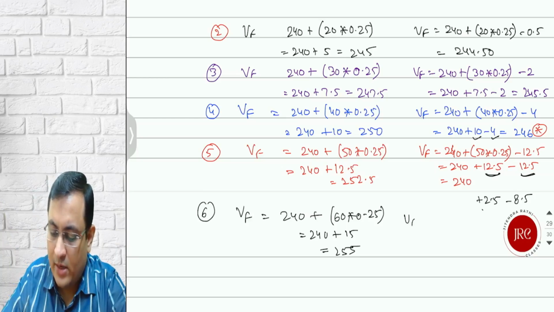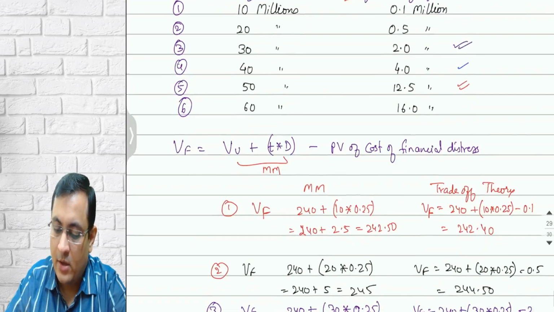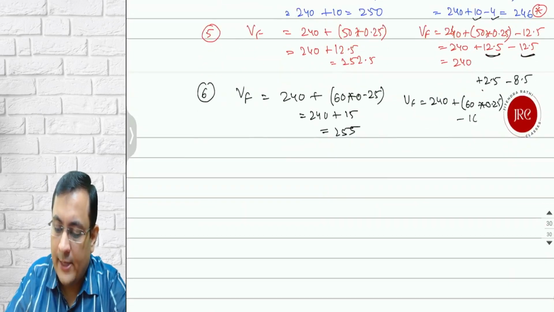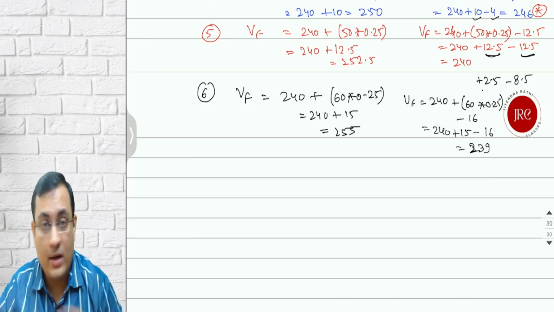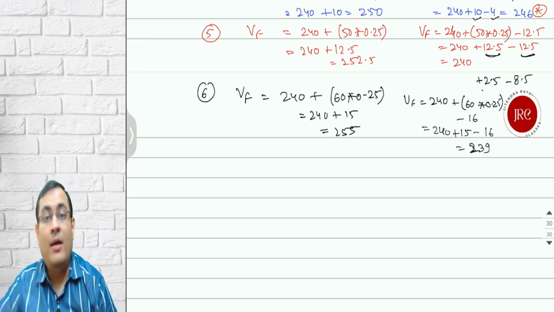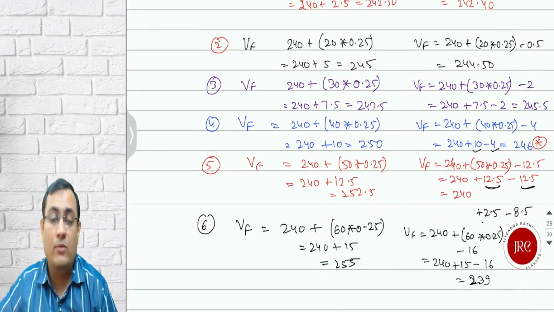But the value of firm 240 plus 60 into 0.25 minus the financial distress cost, which in this case is 16. So 240 plus 15 minus 16. It is in fact now decreasing the overall valuation from the unlevered situation. So excessive debt is going to be dangerous for the company as per trade-off theory. This may bring down the valuation.